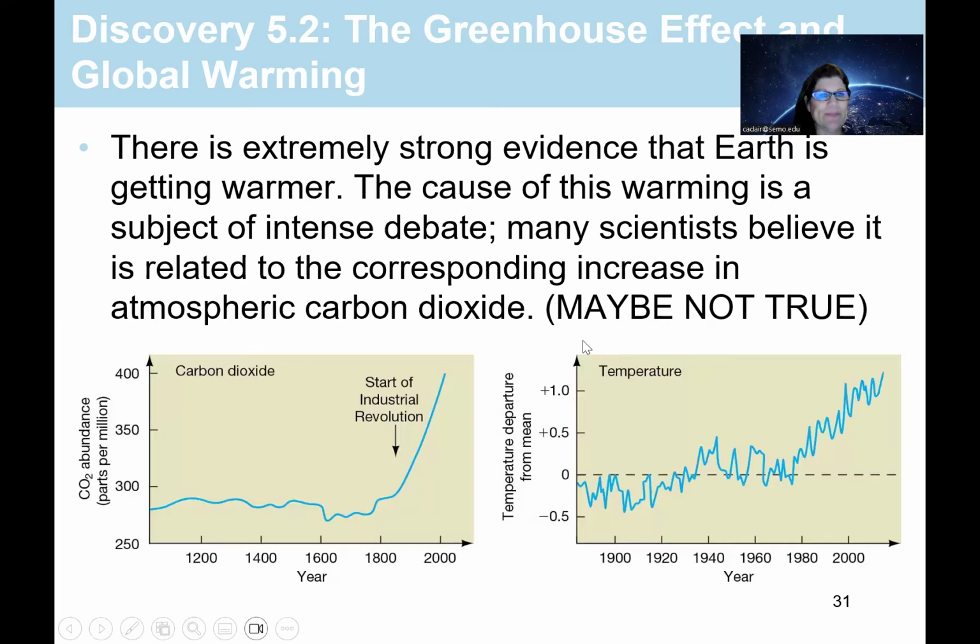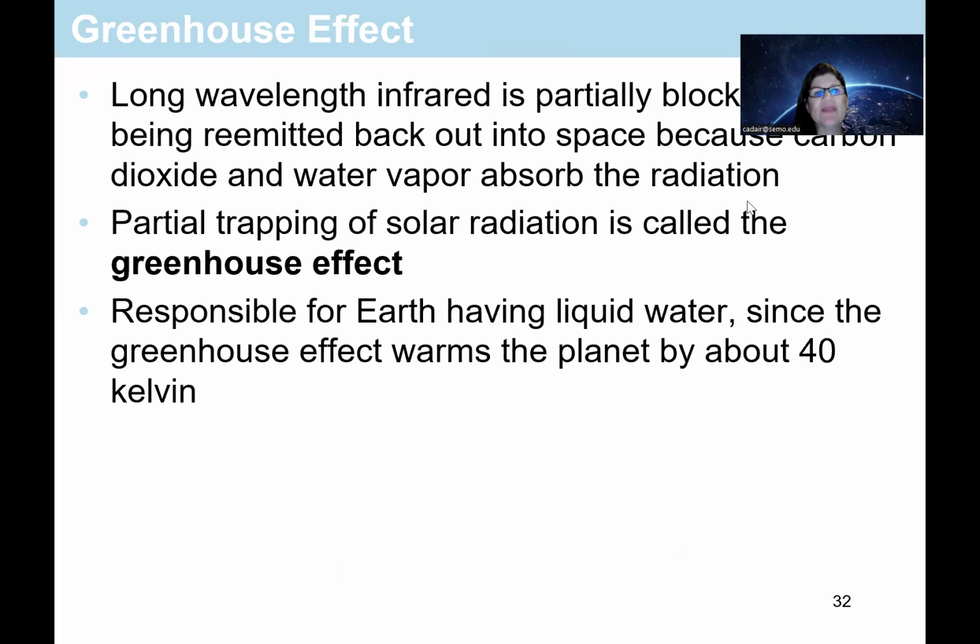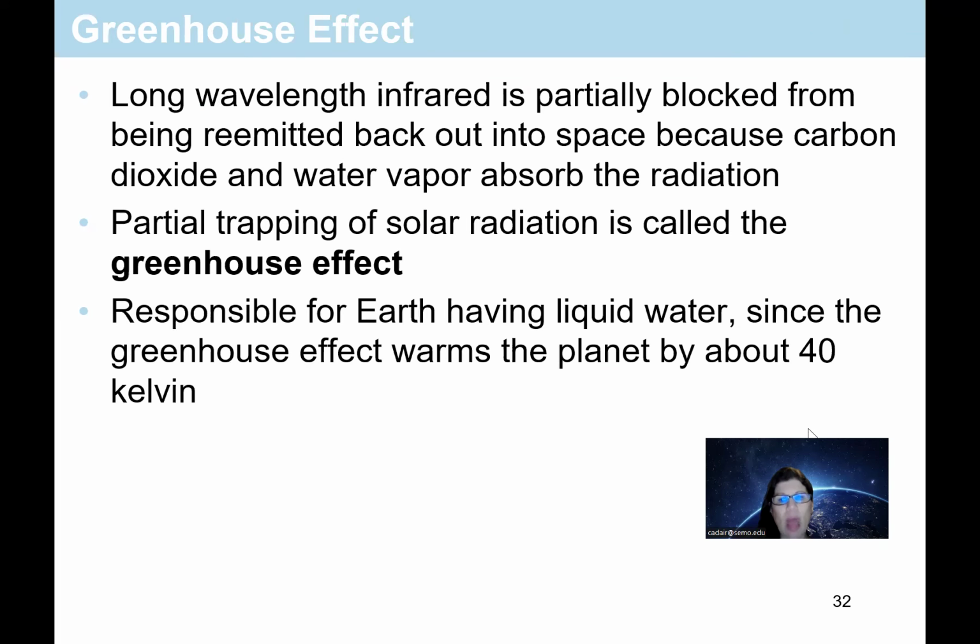So okay, long wavelength infrared is partially blocked from being re-emitted back into space because carbon dioxide and water vapor absorb the radiation. So this partially traps the solar radiation, and it's called the greenhouse effect.